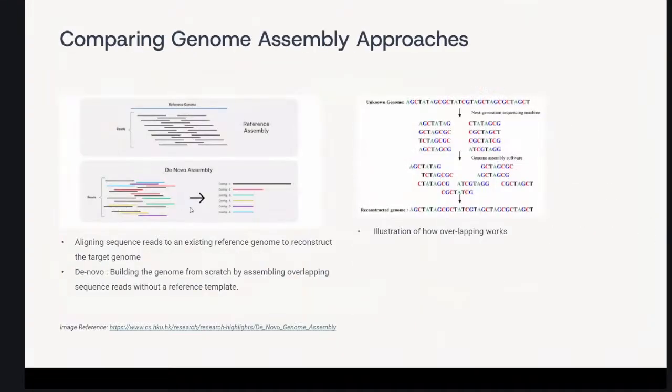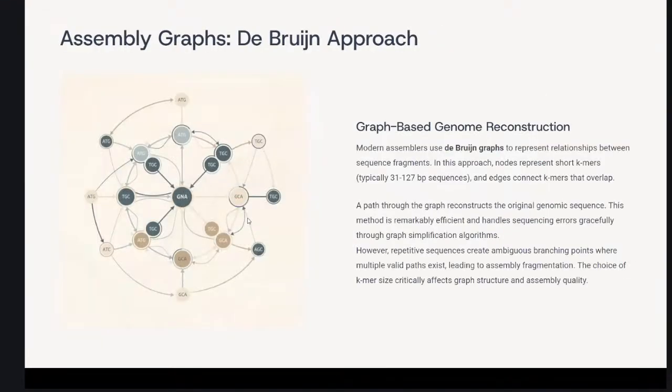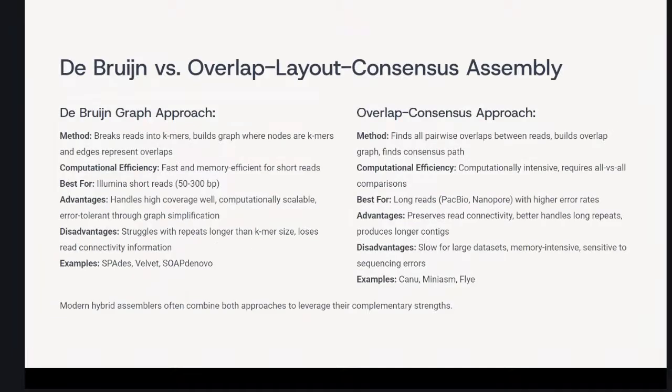This is what you call the overlap layout consensus approach. It will just find the overlaps and convert them into contigs. De Bruijn is very new, well, not very new, but it is considered better than overlap consensus. We are going to discuss its advantages and disadvantages further.